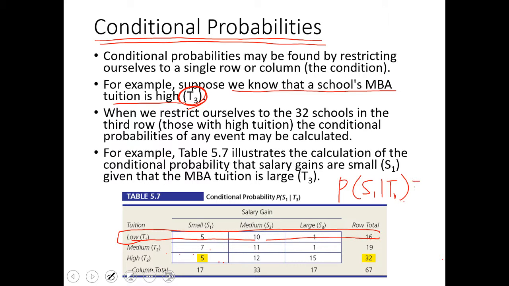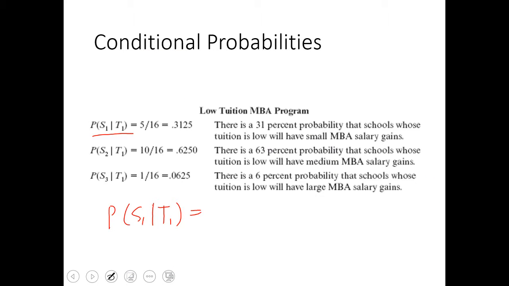So it is 5 over 16. That is S1 given T1. And S2 given T1 is 10 over 16. S3 given T1 is 1 over 16, and so on.